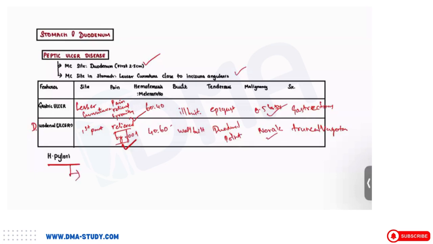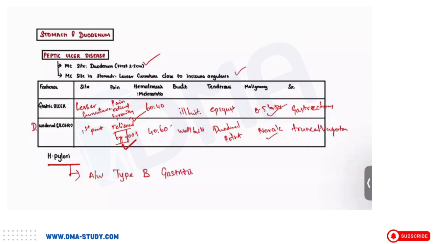The associations are pretty important, because the morphology you will study in microbiology: it is lophotrichous, urease positive, catalase positive, oxidase positive, grows in a special medium, and all those things you will study in microbiology. Here you will study the associated condition. One of the very important is type B gastritis.